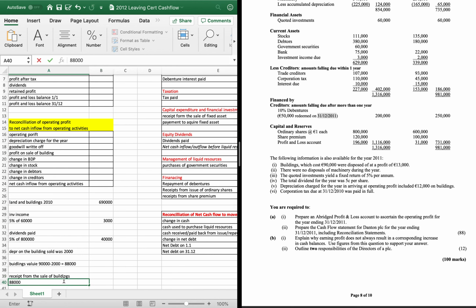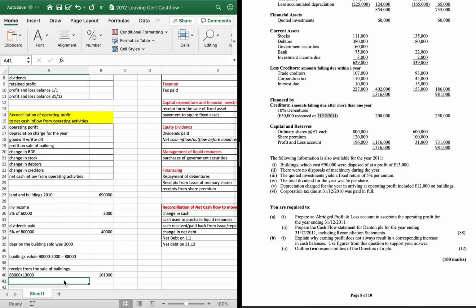So its value is 88,000. You made a profit of 13,000, which means you received 101,000. So that's all sort of a long-winded way of doing that.